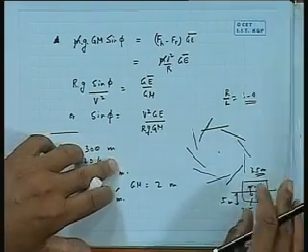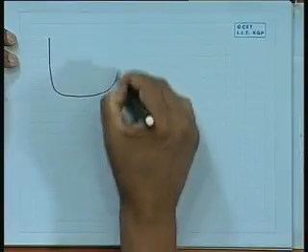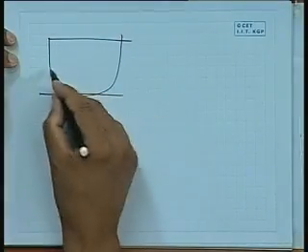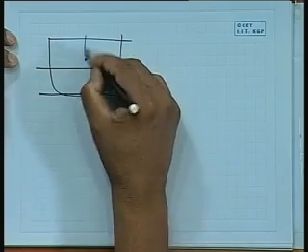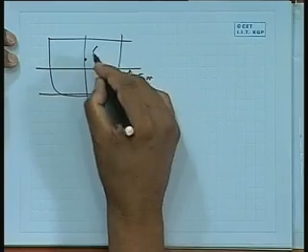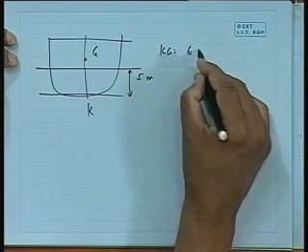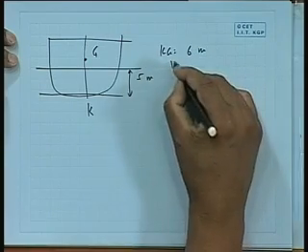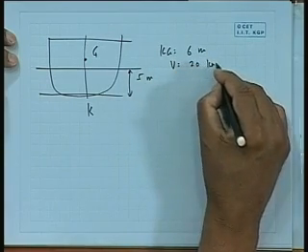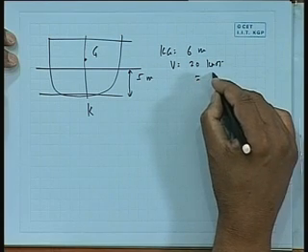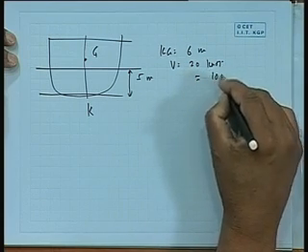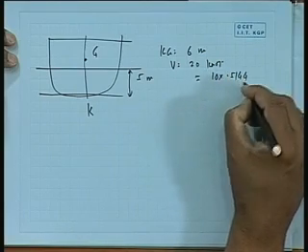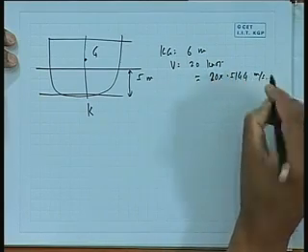Actually, let me do it on a different piece of paper. It's getting small. We have this ship now, which says the draft is 5 meter. This is K. This is G. KG is 6 meter. V is 20 knots, that is 10 into 0.5144, sorry, 20 knots is about 10.28 meter per second.